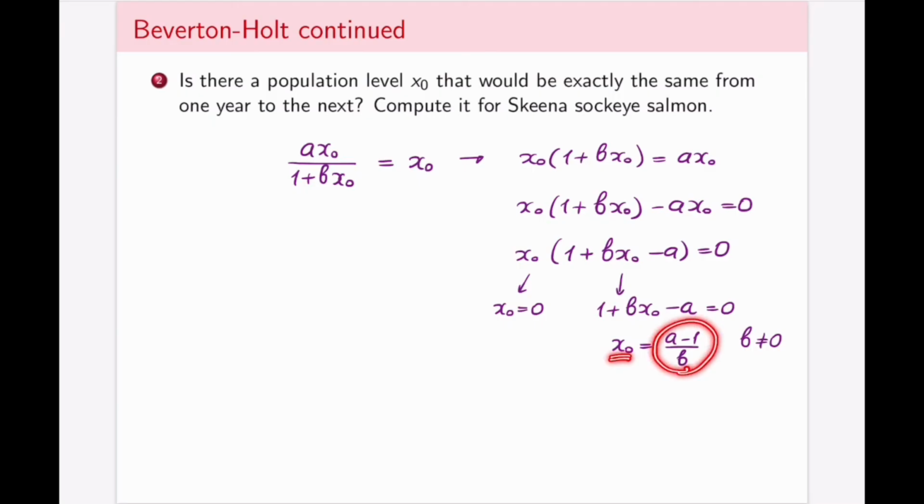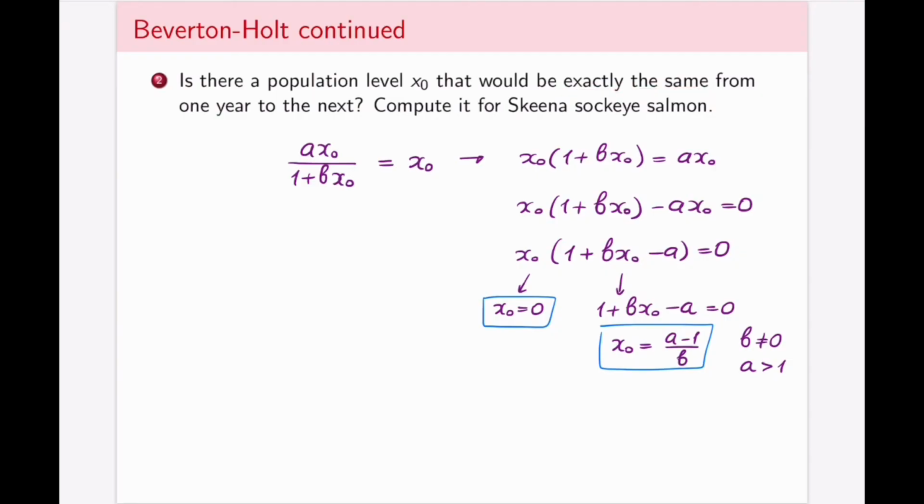So far, my only restrictions have been on A and B being positive, but notice that here I also have to insist that A is actually bigger than 1, so that when I subtract 1, I still end up with a positive number. So my A has to be bigger than 1. And then I have these two possible population sizes that are going to produce the population that's exactly the same 1 year to the next.